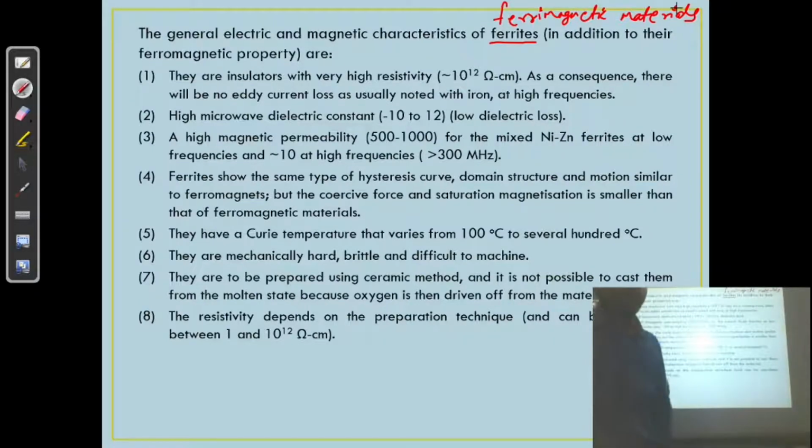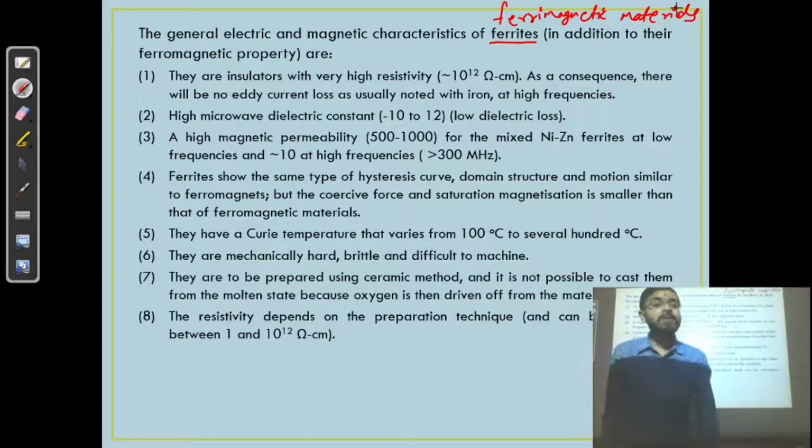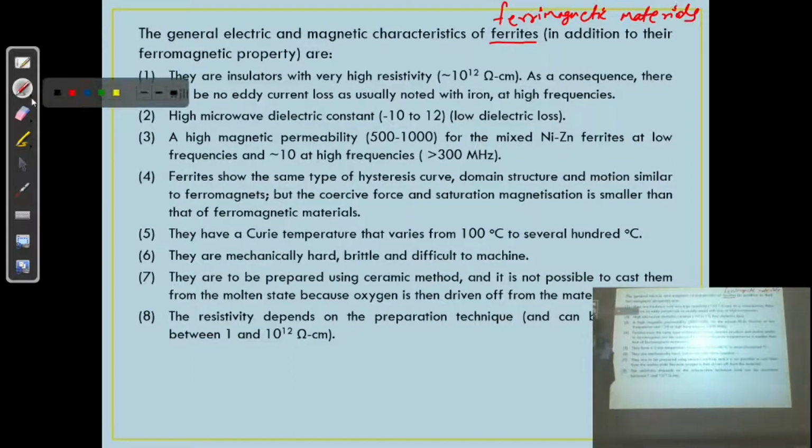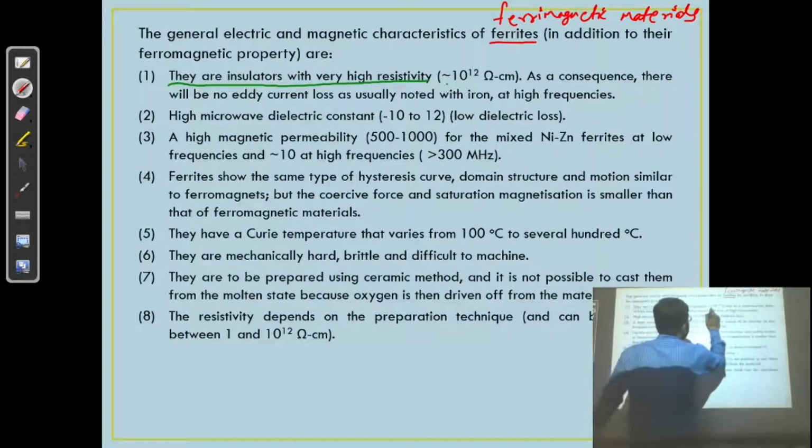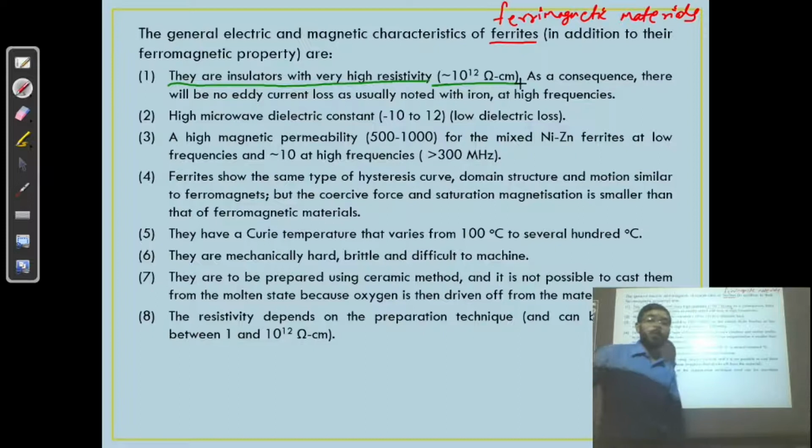Let us see some of the properties. The first is that they are insulators with very high resistivity, on the order of 10 raised to 12 ohm centimeters.